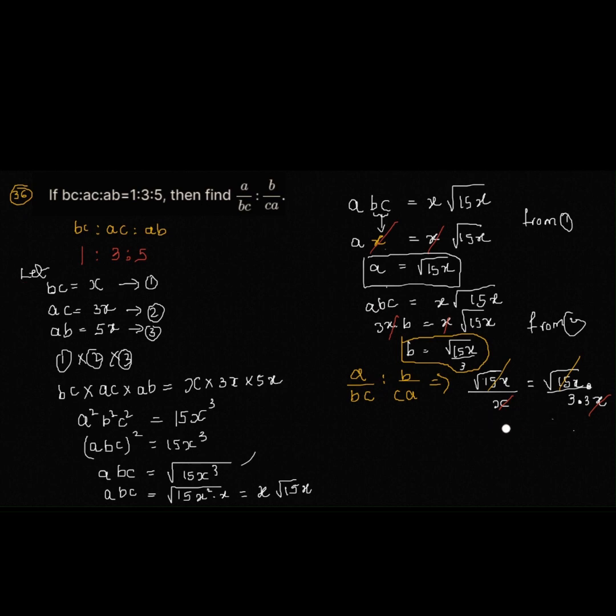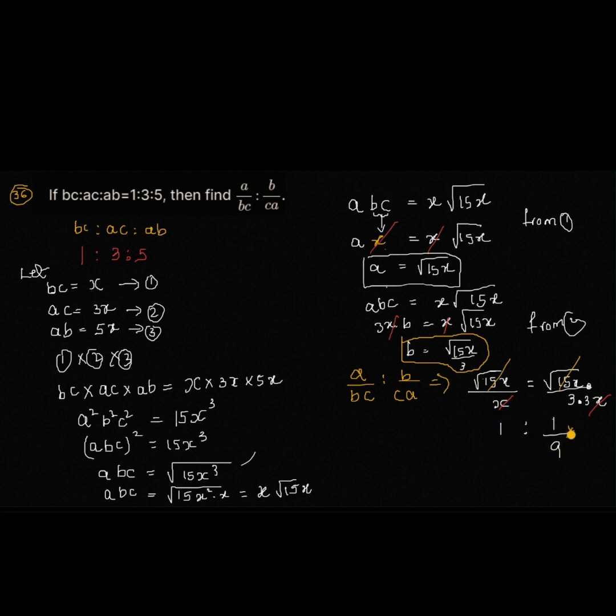Now we have eliminated everything. Now we get 1 is to 1 over 9. 3 times 3 is 9. We have to bring it into normal form, since I see a fraction here. How do you convert that? All you need to do is multiply both sides of the ratio by 9.